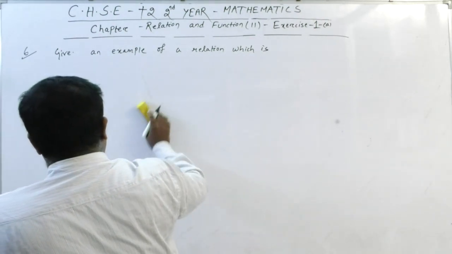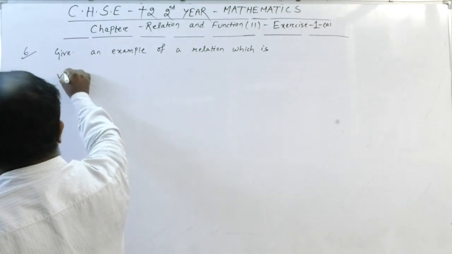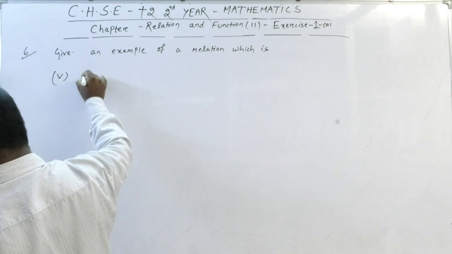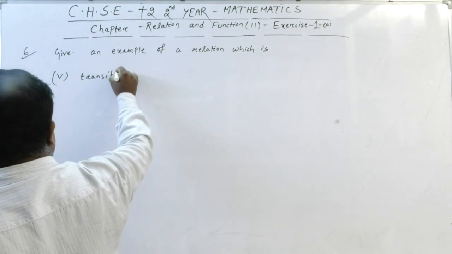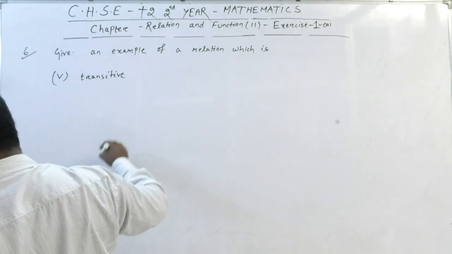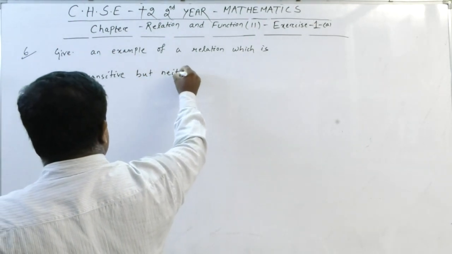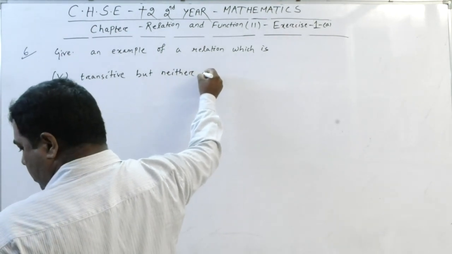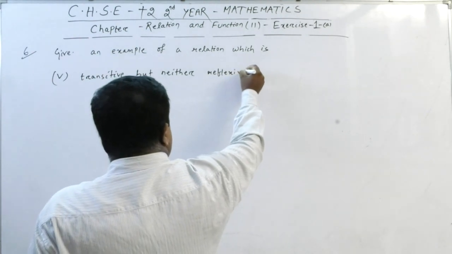Suppose I am writing bit 5. The relation should be transitive, but neither reflexive nor symmetric.